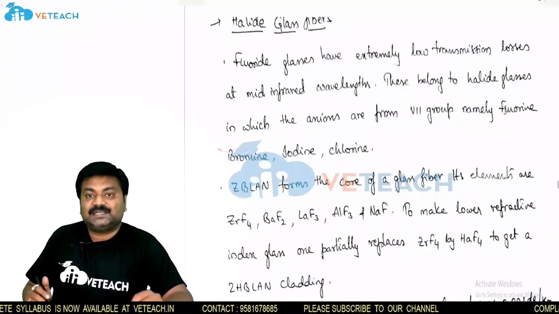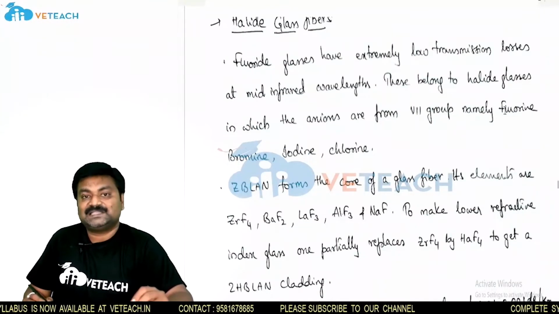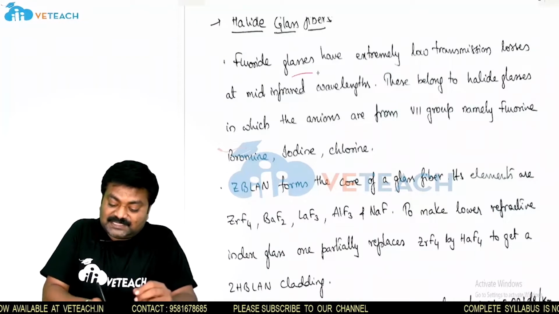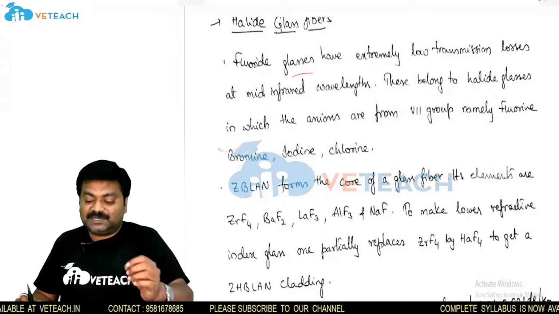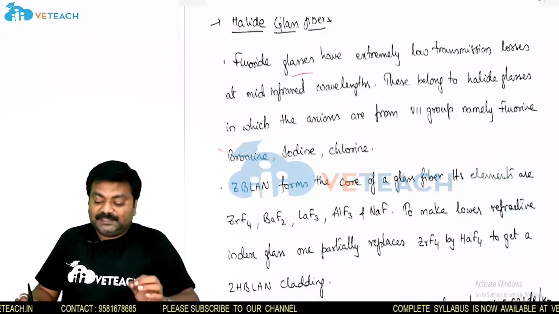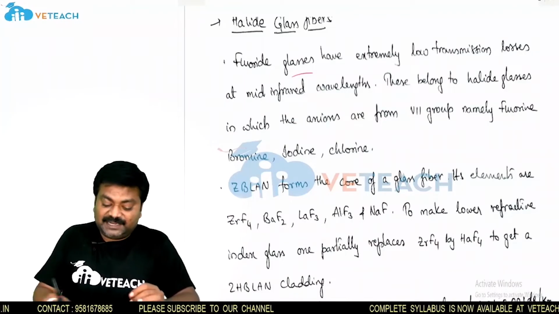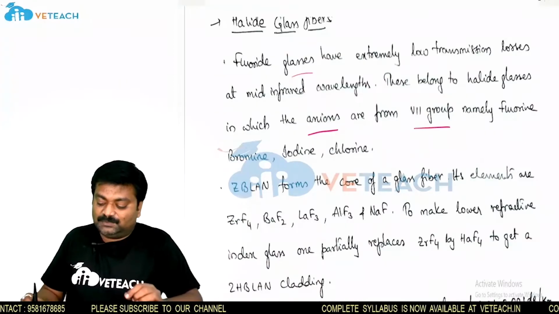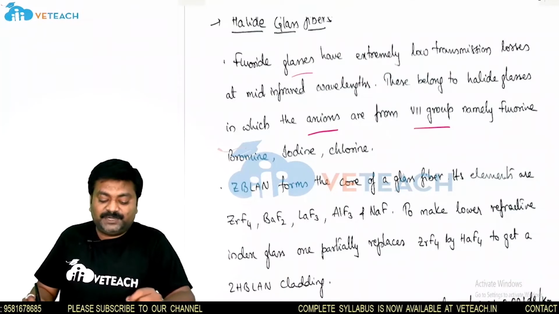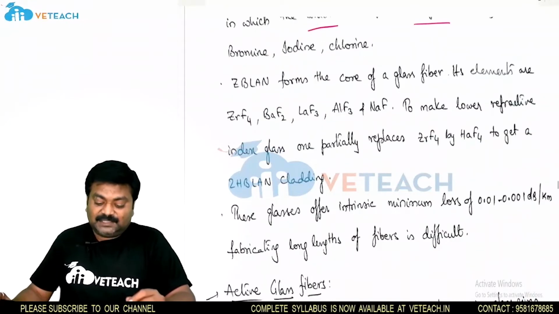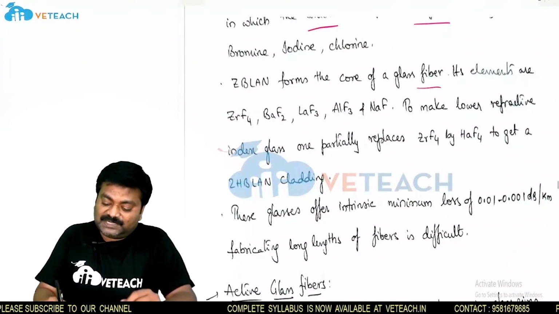There is another type of glass fiber called halide glass fibers. Fluoride glasses have extremely low transmission losses at mid-infrared wavelengths. This belongs to halide glasses in which anions are from the seventh group, namely fluorine, bromine, iodine, chlorine, and these form the core of the glass fiber.